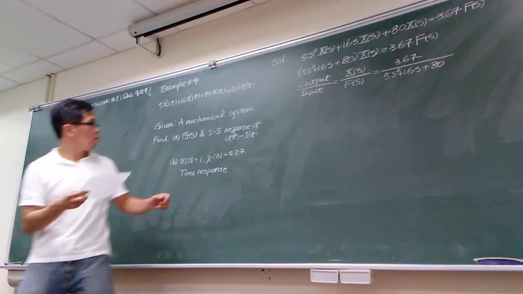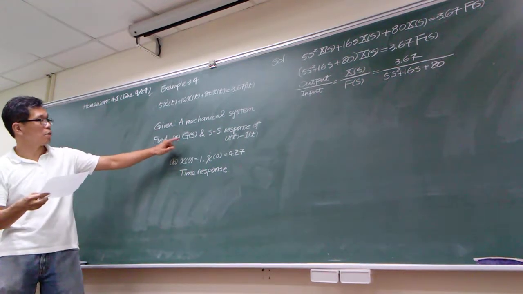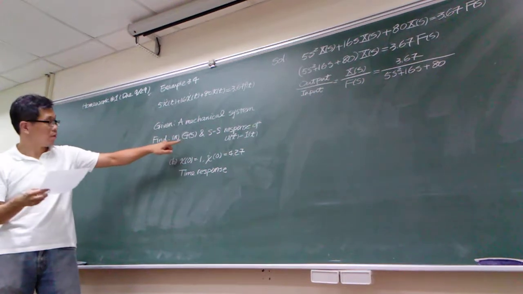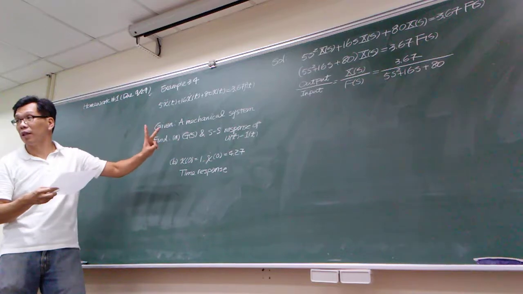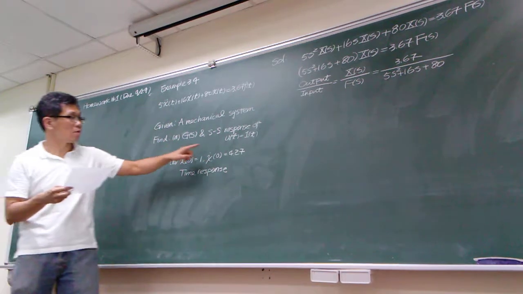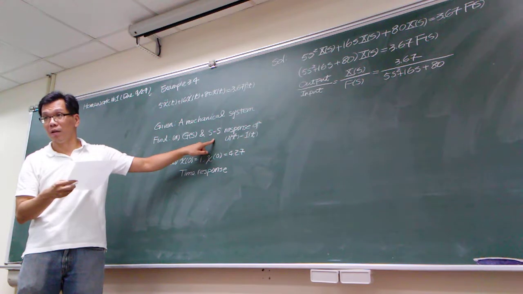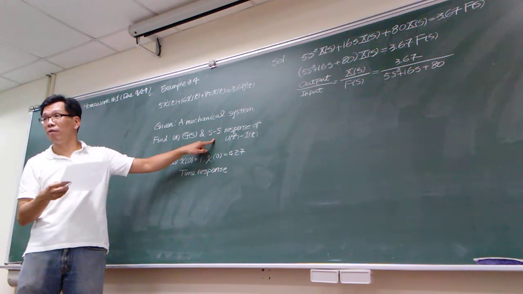Now, this is the first answer you need to give me because this is the transfer function. The second answer you will need to give me is what is the steady state result. So what kind of input do I have?